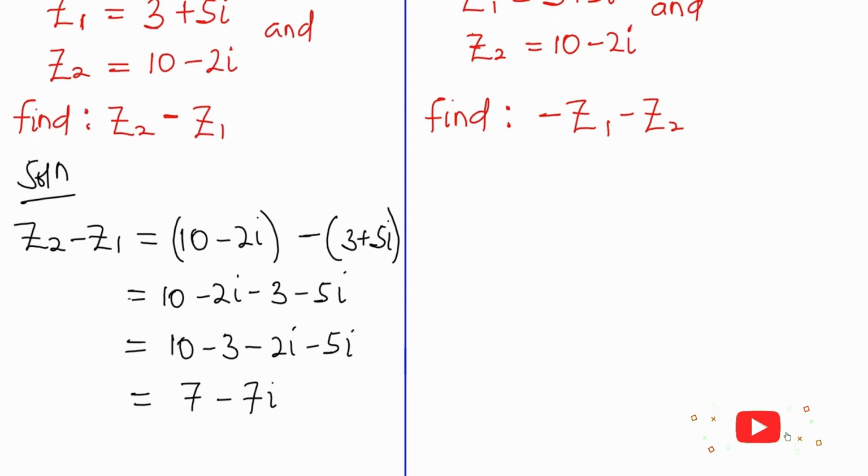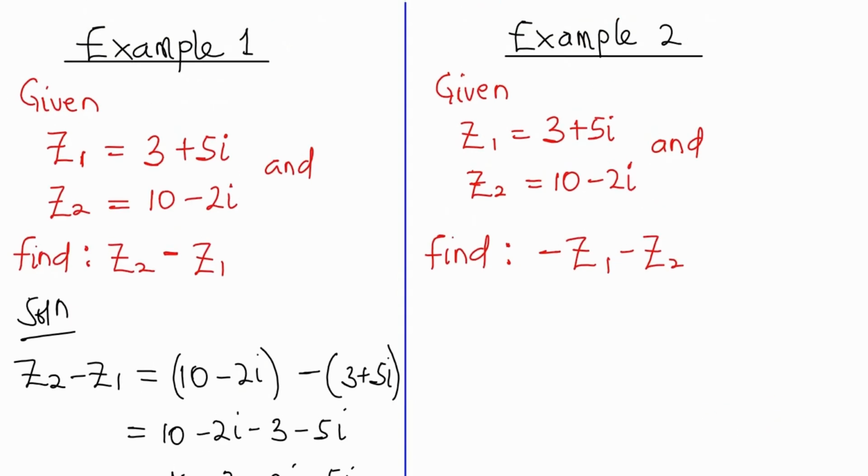Now, we move to the next example, example 2, under the subtraction of complex numbers. Example 2 has the same parameters but with a different question. We have z1 equal to 3 plus 5i and z2 equal to 10 minus 2i. We want to find minus z1 minus z2. So we should have our solution as that.